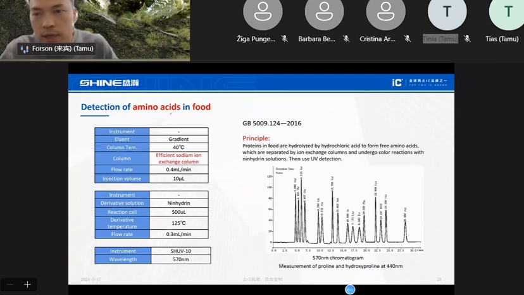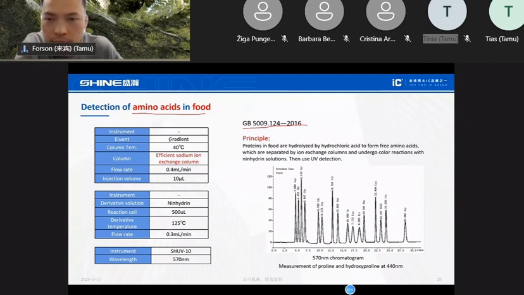Next one is the amino acids in food detection. And for this application, I checked the standard here. They didn't set the conditions inside because some factories sell the method together with the instrument.